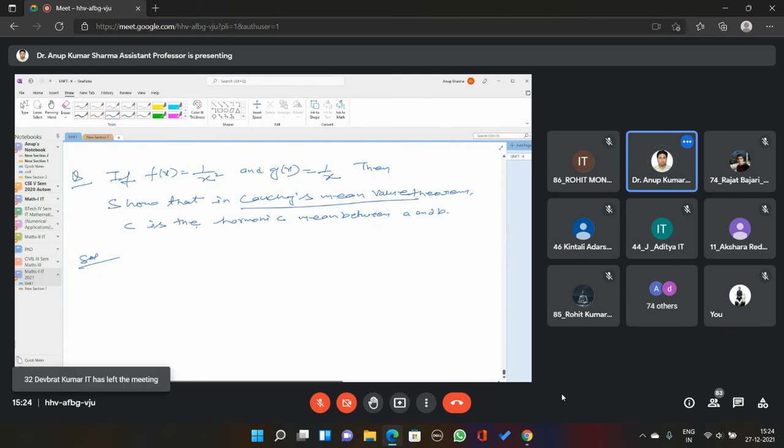That means it satisfies the condition, and after that you take the values A, B, and C. So you will have the relation that C is equal to 2AB upon A plus B. So you have to do this one completely. This is the answer.